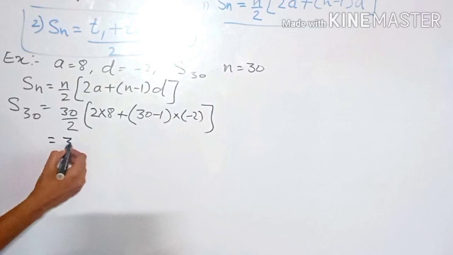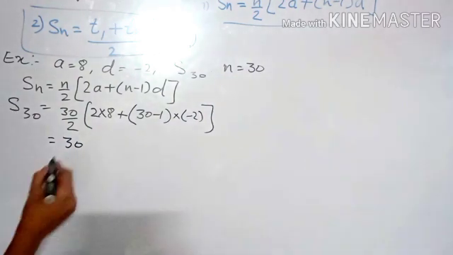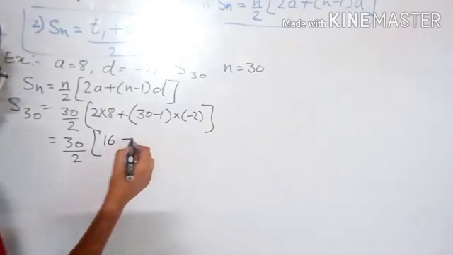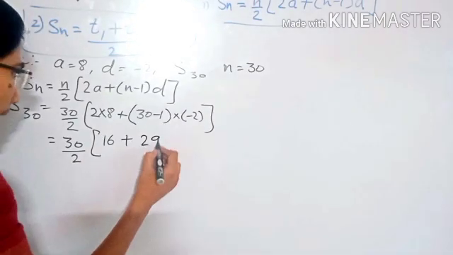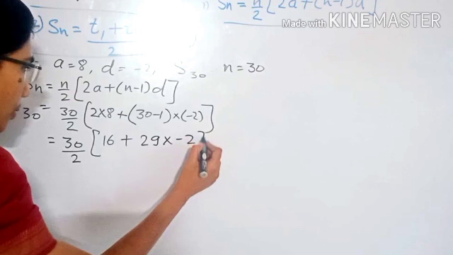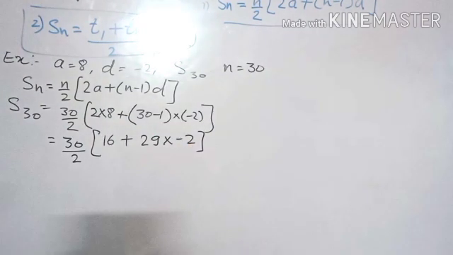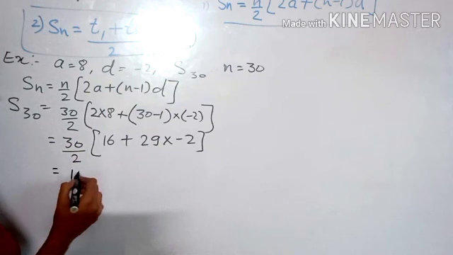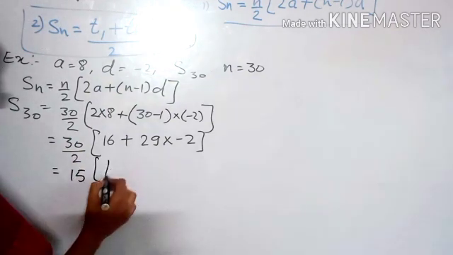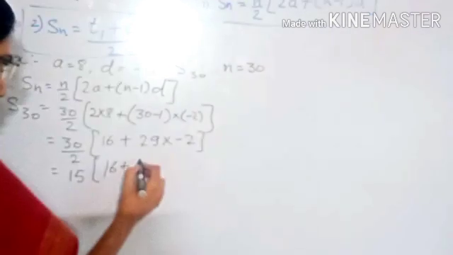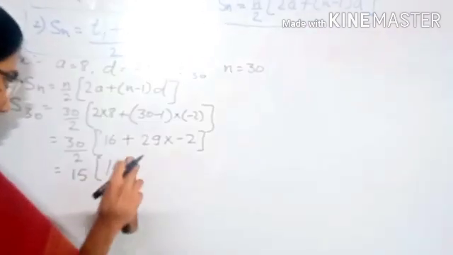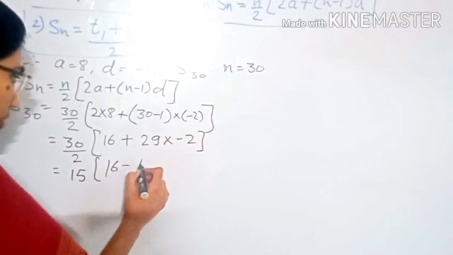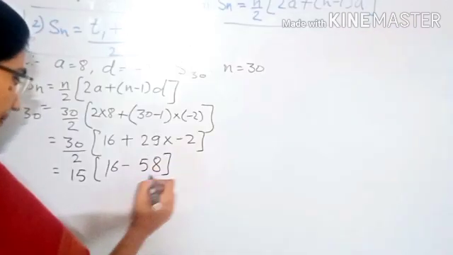We'll solve it. 30 divided by 2 in a bracket, this is 16 plus 29 into minus 2. If you solve it, this will become 15, then 16 plus, this will become minus, plus into minus, and the multiplication is 58.